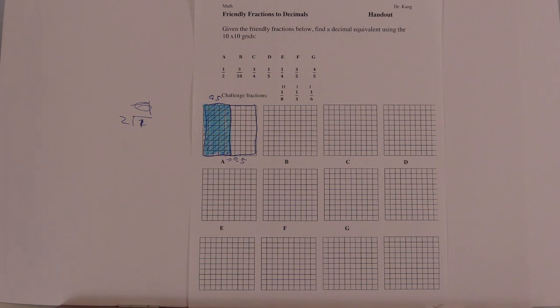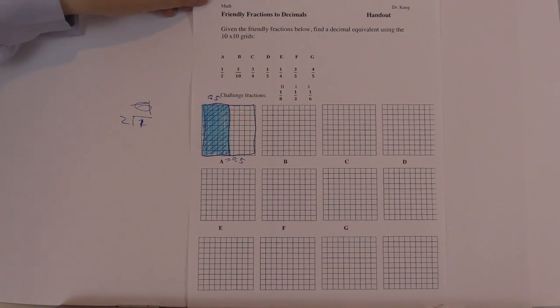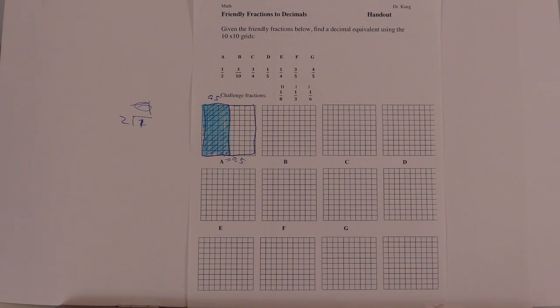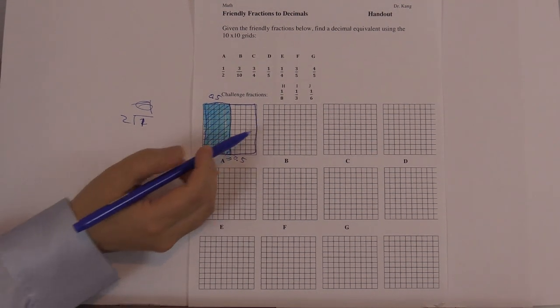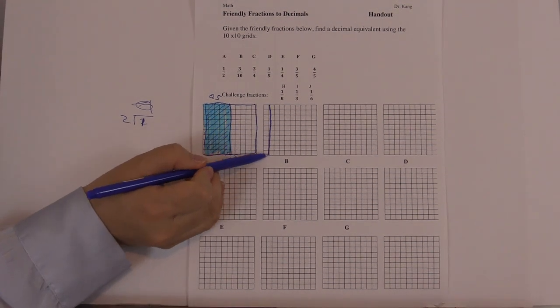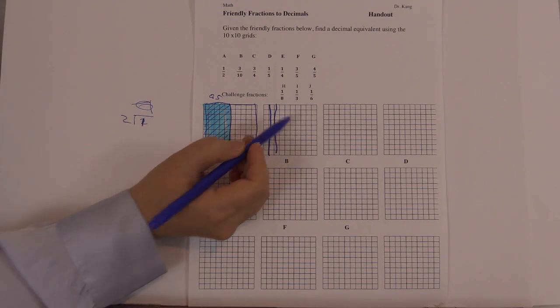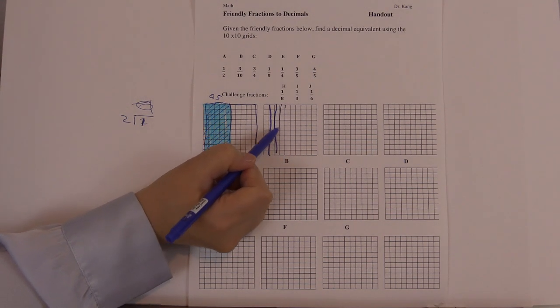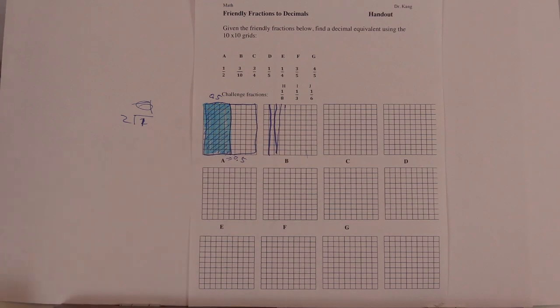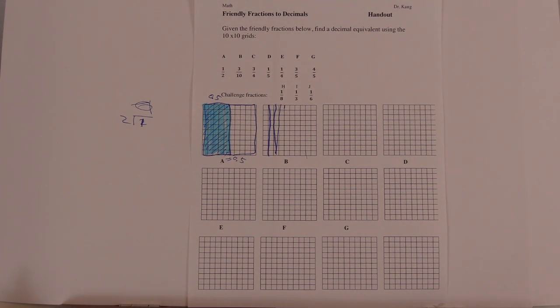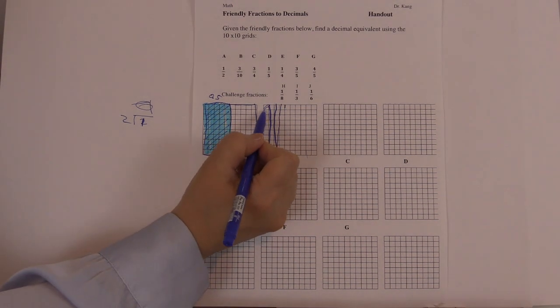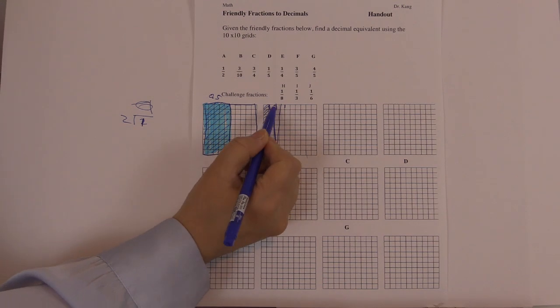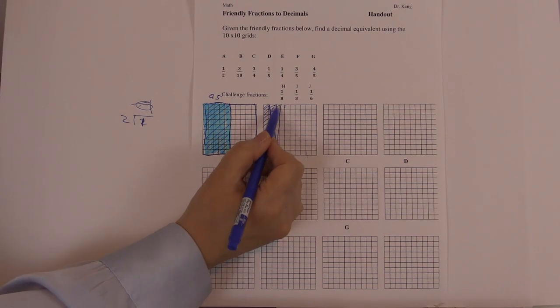What about B? 3/10. So what does 3/10 mean? I have 10 equal parts, which this is already good. This is already 10 equal parts in here. 1, 2, 3, 4, 5, 6, 7, 8, 9, 10. And then how many of them are shaded? So 1/10, 2, 3.